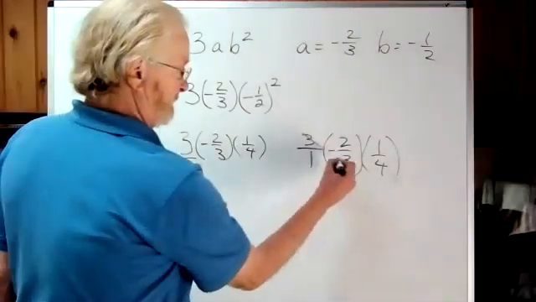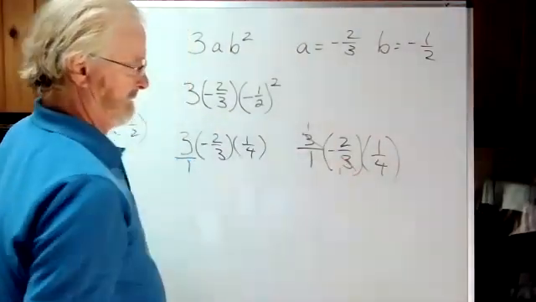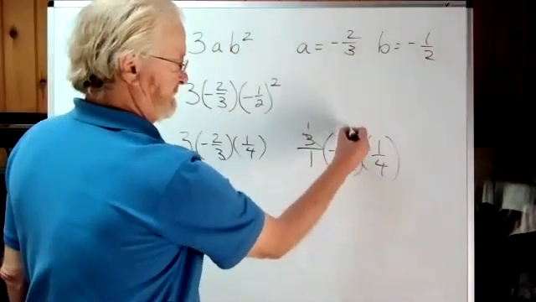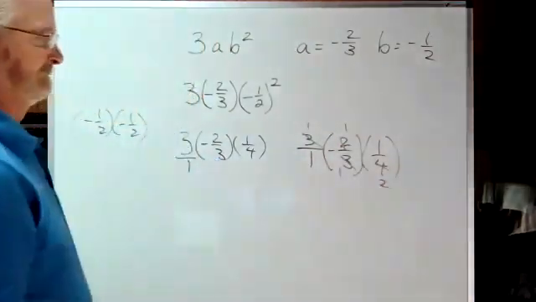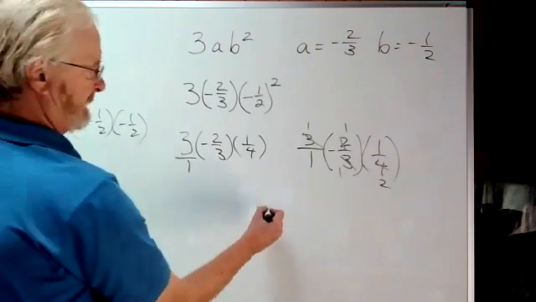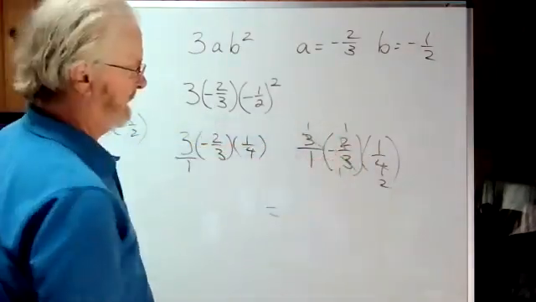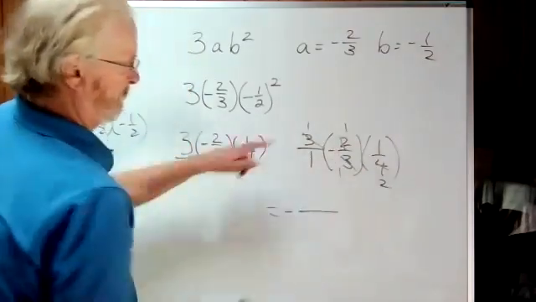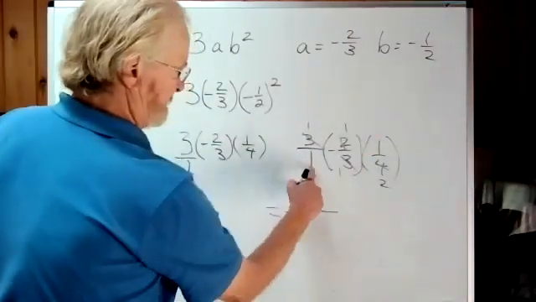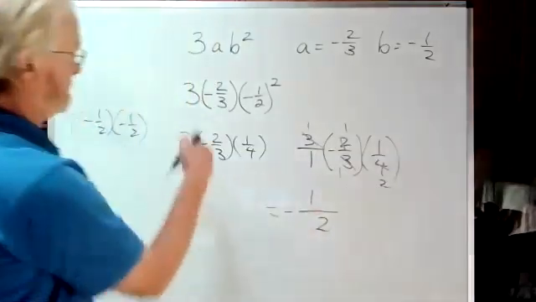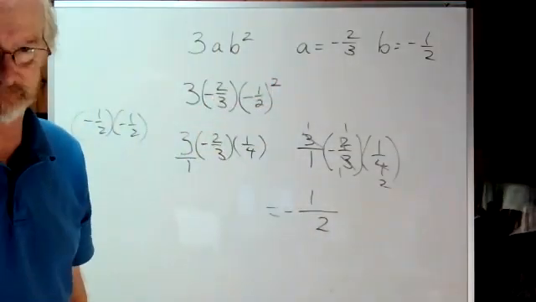I can cancel both these 3's, and I can cancel the 2 out of these. Now I'm ready to multiply. Positive, negative, positive: it is going to be a negative number. 1 times 1 times 1 over 1 times 1 times 2. All that mess was just turned into negative 1/2.